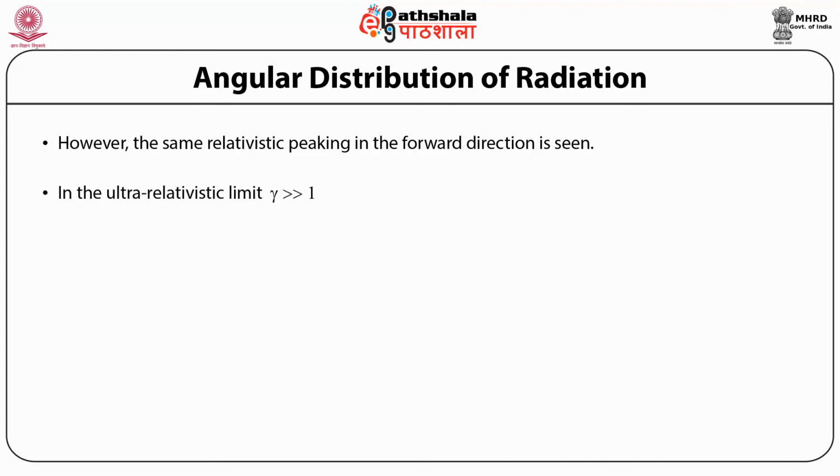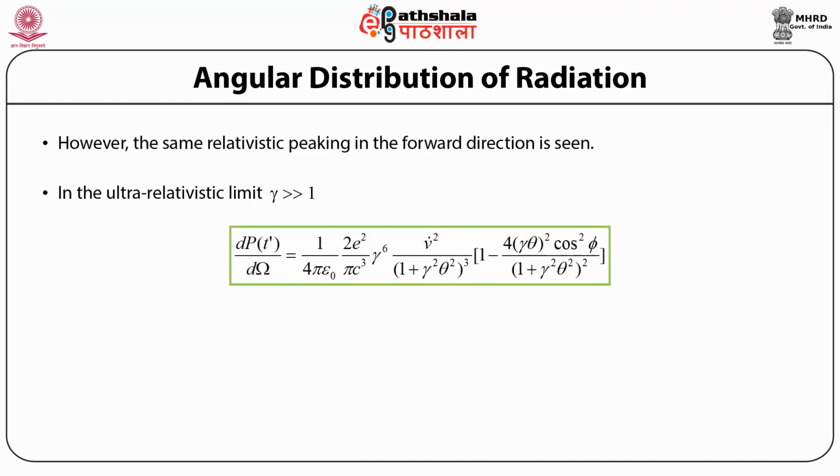Taking the ultra relativistic limit gamma much greater than 1, as we did in the linear motion case above, we get dP t dash by d omega equals 1 divided by 4 pi epsilon naught into 2 e square by pi c cube into gamma raised to power 6 into v dot square divided by 1 plus gamma square theta square whole raised to power 3 into bracket 1 minus 4 gamma square theta square cos square phi divided by 1 plus gamma square theta square whole square bracket close.